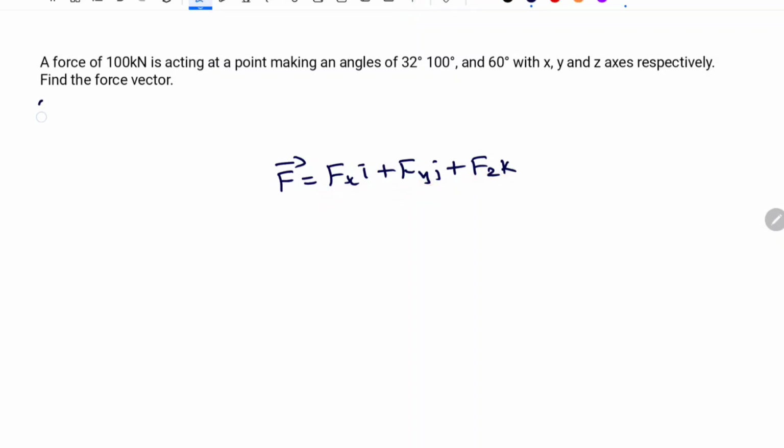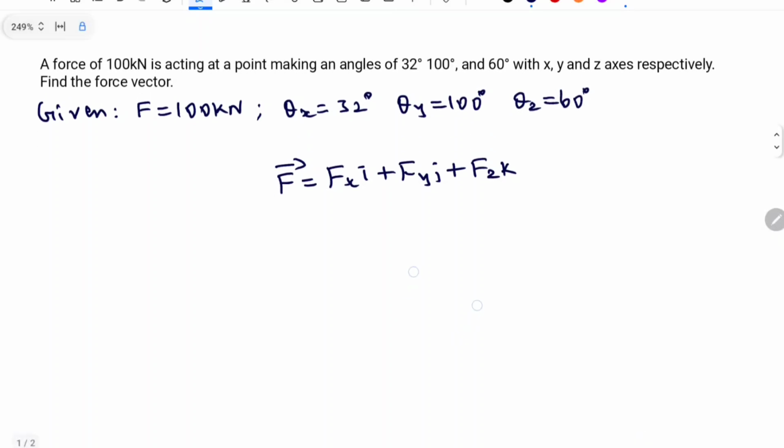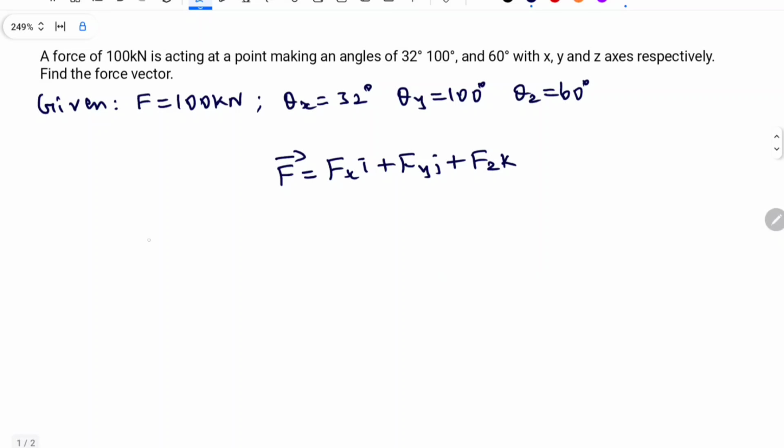Starting from the given data, the magnitude of the force is given, that is F is equal to 100 kilonewton, and the inclinations are given. Delta x is 32 degree, delta y is 100 degree, and delta z is 60 degree. We know that the equation for Fx is F cos delta x.